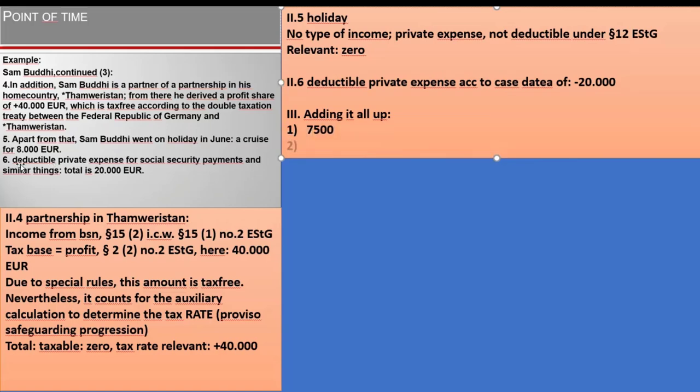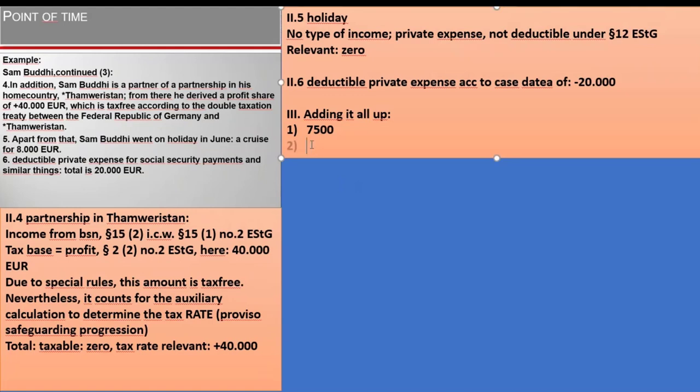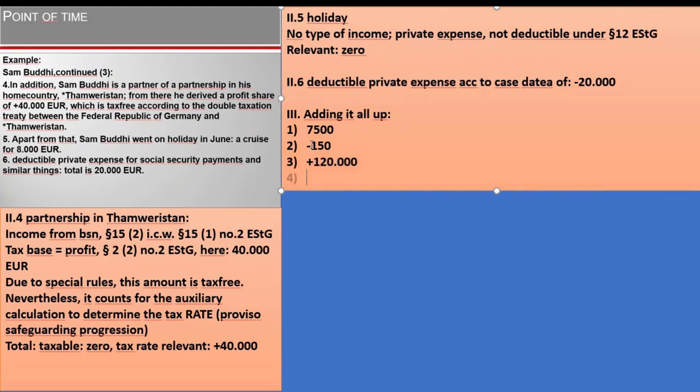The total for number 2 was minus 150. For number 3, plus 120,000. Number 4 is now on this page 0.